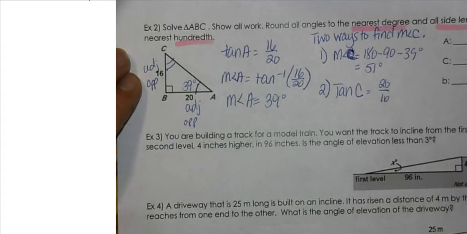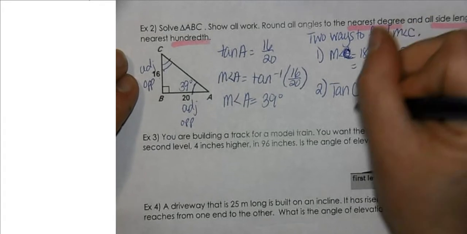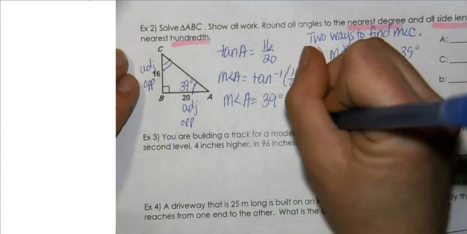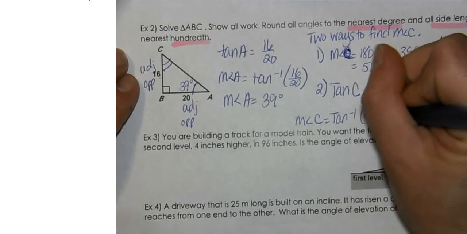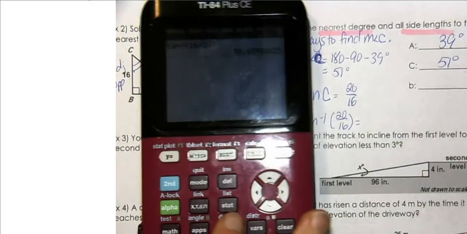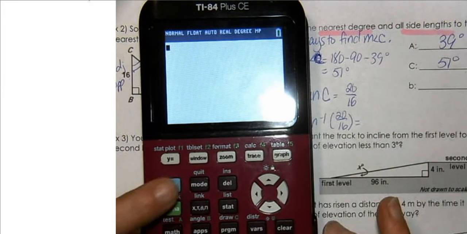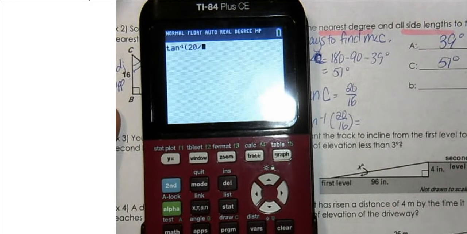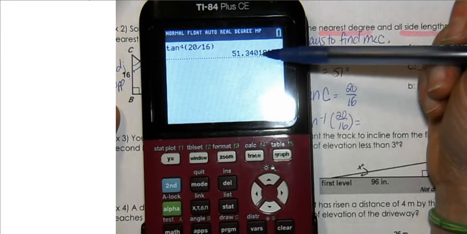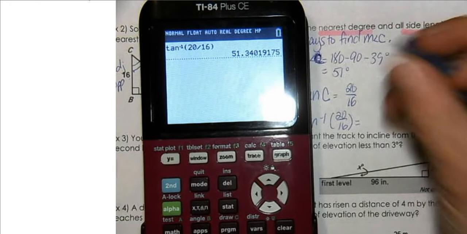And we would work with tangent inverse again. So the measure of angle C would be equal to the tangent inverse of 20 over 16. And when you put that into your calculator, you end up with 51.34, which would round to 51 degrees.